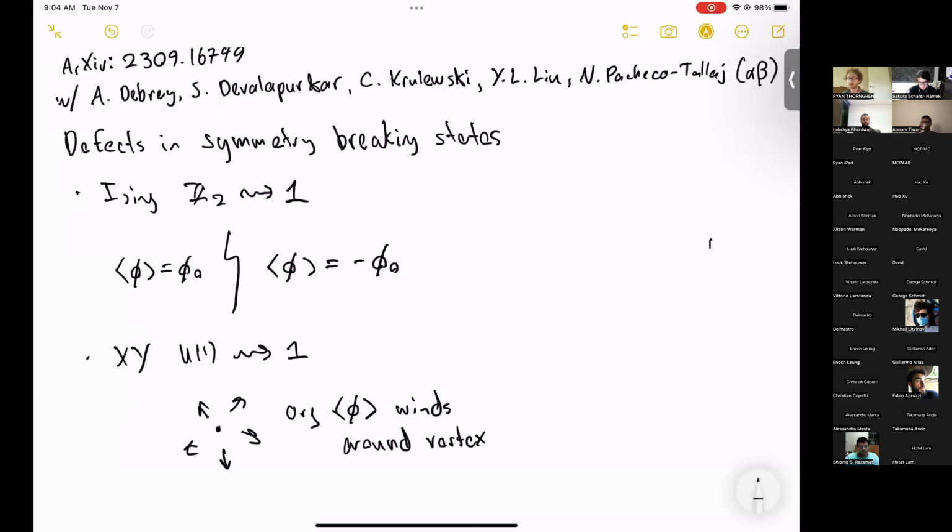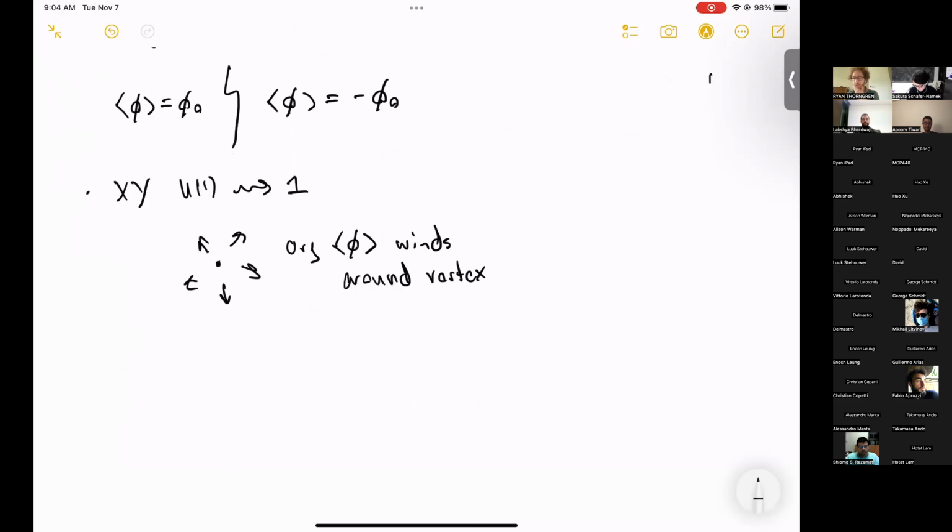The general sorts of defects that I'm going to be interested in are going to be, so we have our symmetry group G, which for me will be the symmetry which acts on the bosonic observables of the theory.